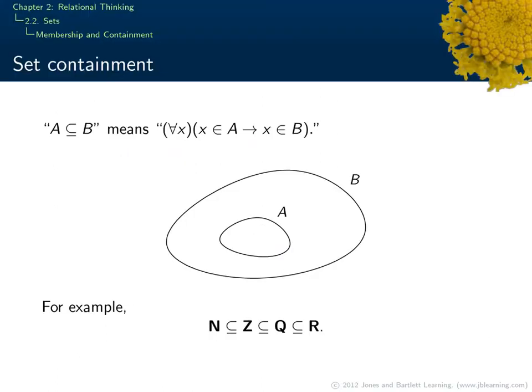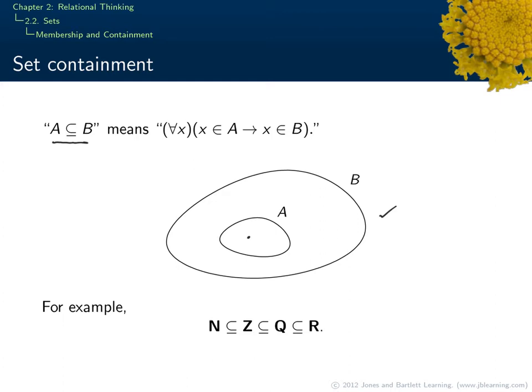There's also the important notion of set containment. This expression here means that for all x, if x is a member of A, then x is a member of B. That's illustrated graphically here, right?